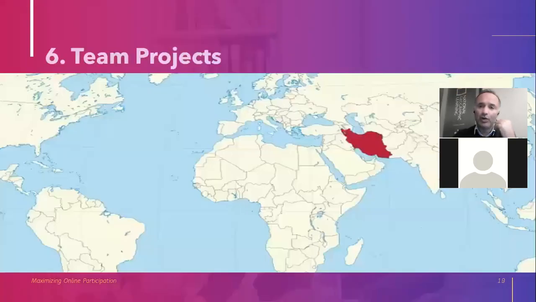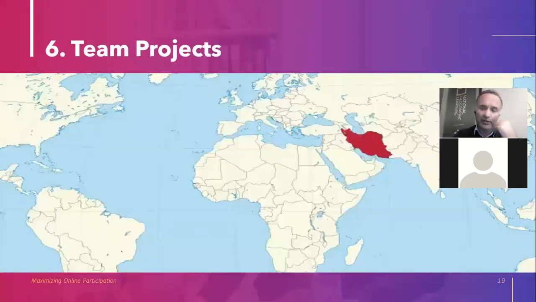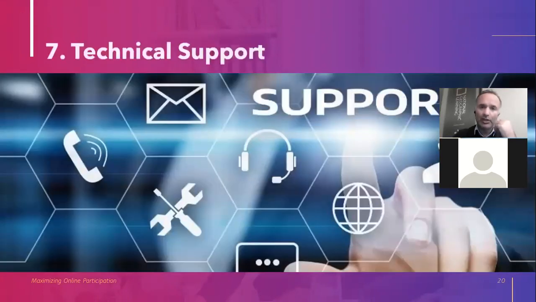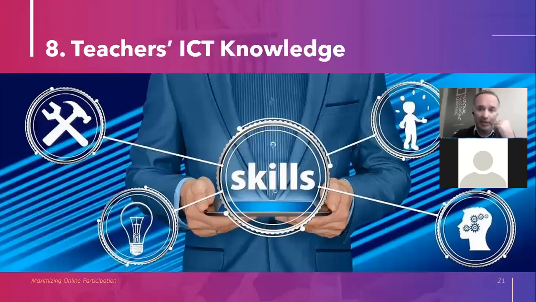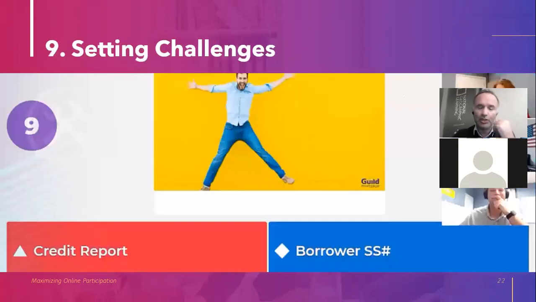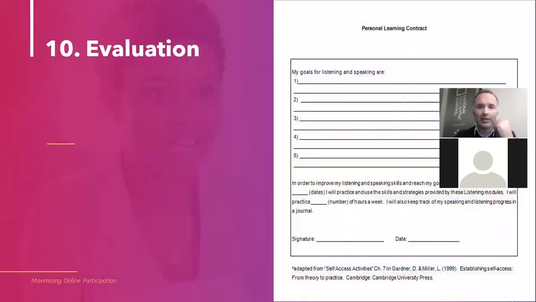Team projects was one of the most effective ones. Technical support is surely important. Your knowledge of ICT will play a role in engaging your students. Setting challenges is closely tied to students' excitement, therefore their participation.